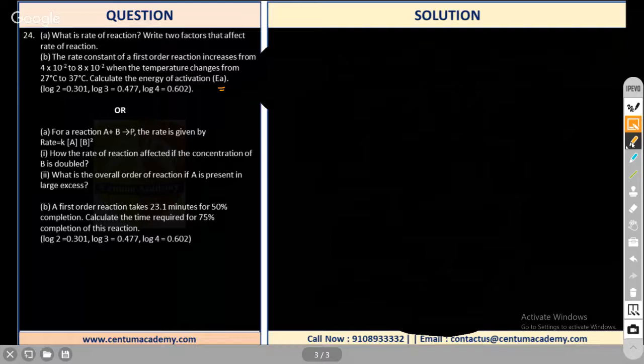The concentration of B is doubled. This is 4 times. Yeah, correct. B is squared, so 2B squared gives 4 times the initial rate.